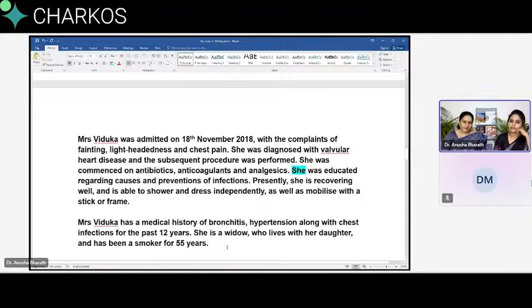The reason we are stating she's a widow who lives with her daughter is because you're writing to the district nurse. The district nurse will be visiting the patient, so you require the address and details of the patient's caregiver as well. That is why we have very briefly stated that she lives with her daughter. And smoking is an important factor, and that is stated.